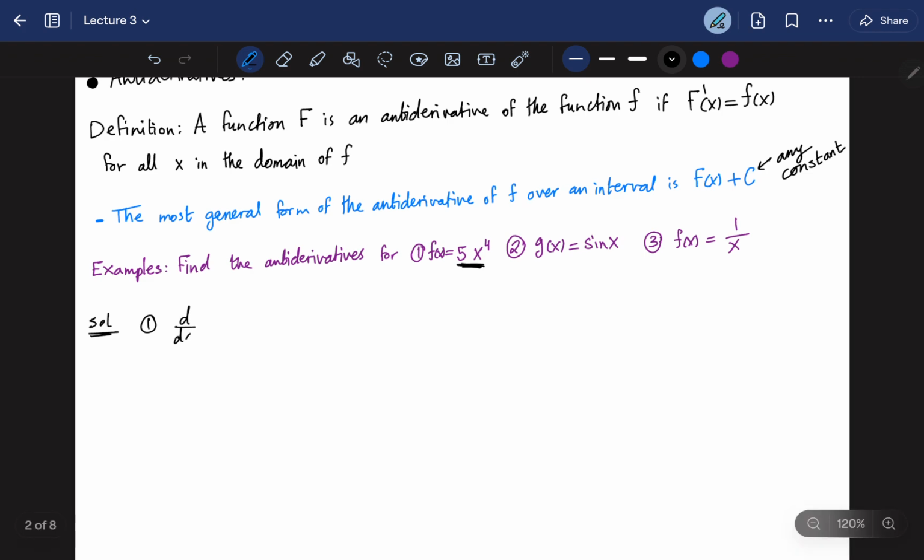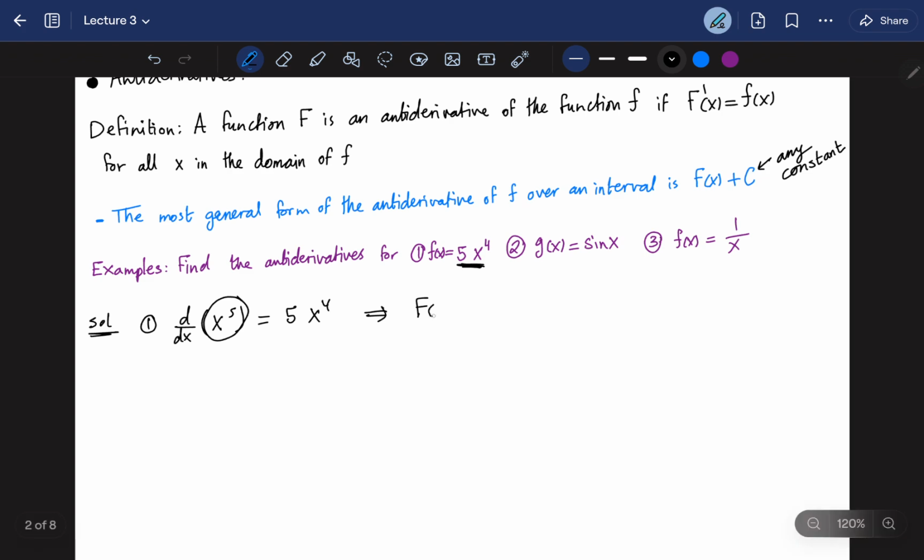So let's try this. If I take the derivative of x to the 5th, I know using the derivative rules, this is just 5x to the 4th, which means that x to the 5th is my antiderivative.